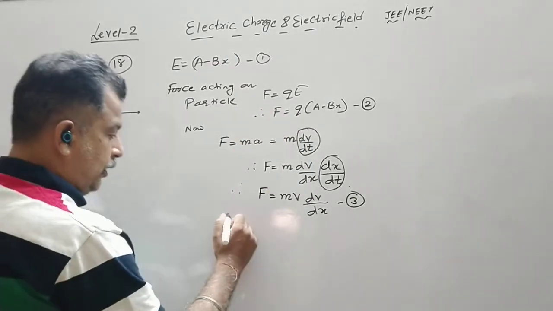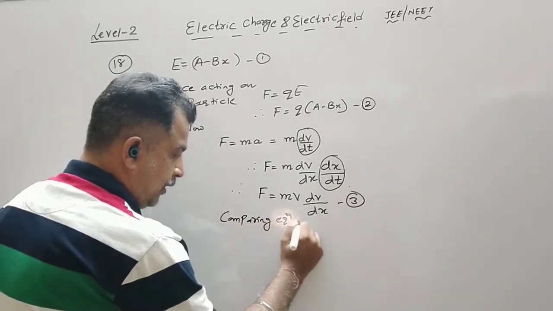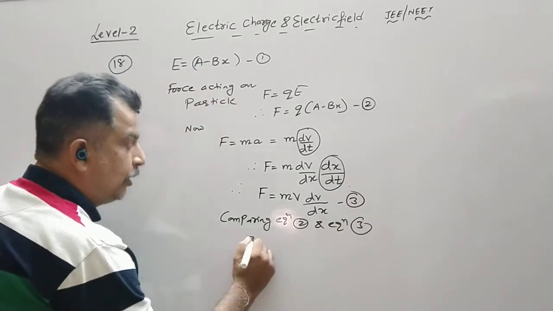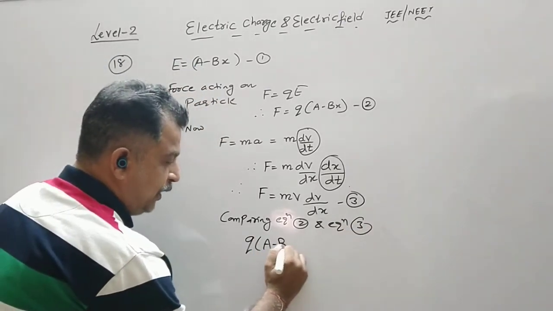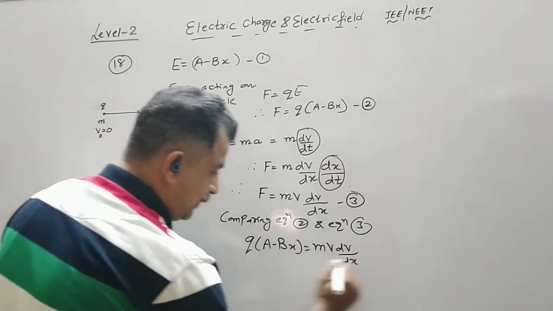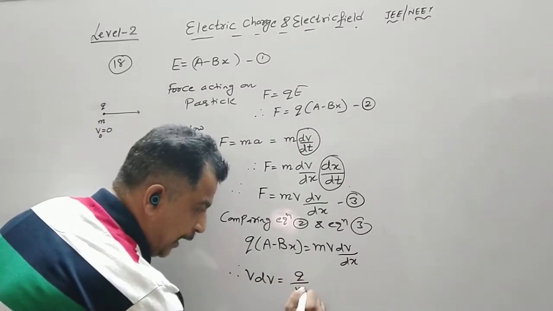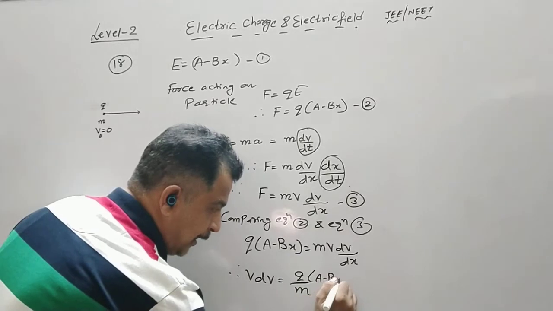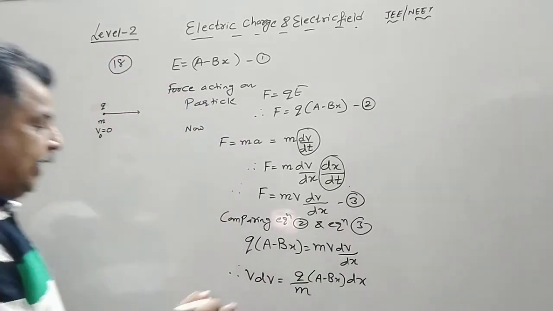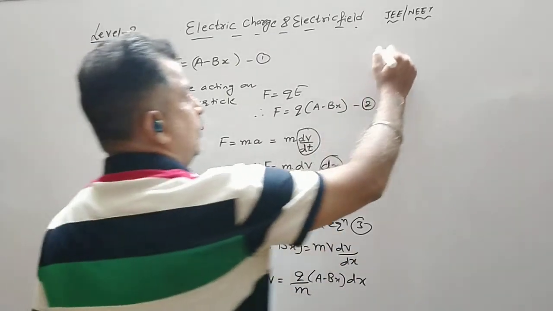Comparing equation 2 and equation 3, we get Q (A minus Bx) is equal to m v dv by dx. Therefore v dv is equal to Q by m (A minus Bx) dx. So cross multiplication. Now integrating this equation with the proper limits.